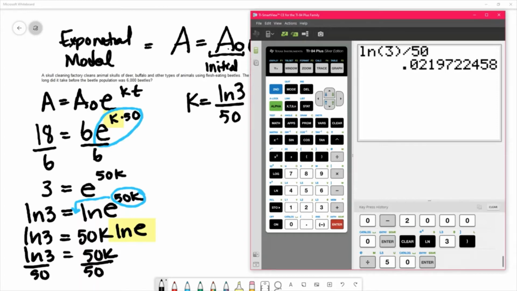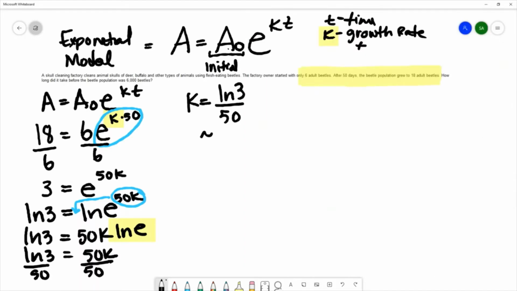I'll go ahead and round it to 0.022. That's approximately 0.022, but you never want to round until the very end. And so I'm going to use this in my calculation rather than this value.